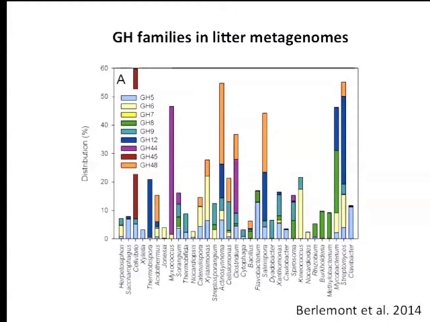So here are the different cellulase families, and Renaud analyzed some metagenomic samples from our leaf litter. What you see is categorized by the closest genera, and those genera vary greatly in which glycoside hydrolase families they carry and how many genes within each family they carry.